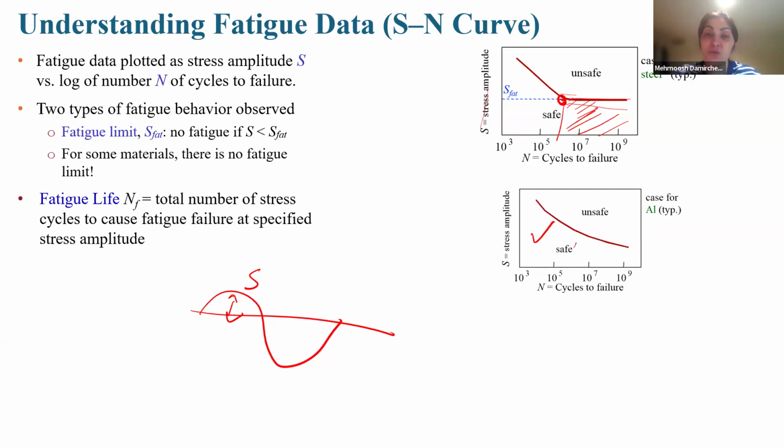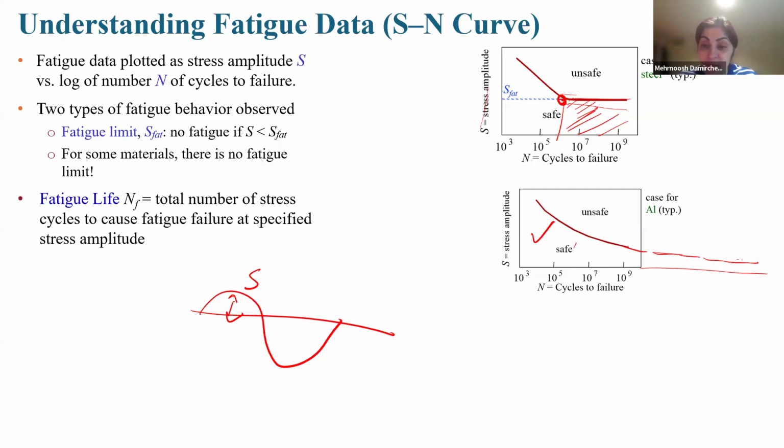Some materials eventually fail at any stress below sigma UT. It depends on the number of cycles. If you continue this curve, we expect it to reach zero, meaning at any stress there is a risk of failure after some N.